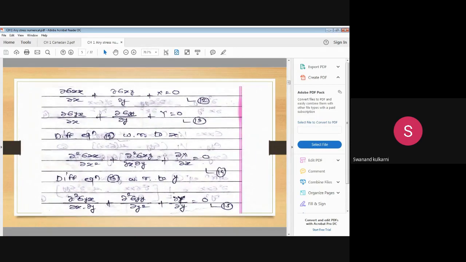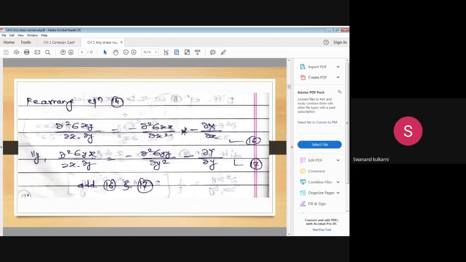Then this becomes minus ∂²σxx/∂x² and minus ∂X/∂x. Is it okay? So these two terms are transferred in order to have ∂²σxy/∂x∂y. So this is equation number 16.